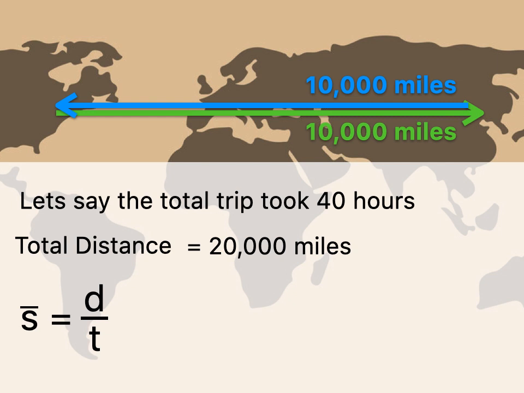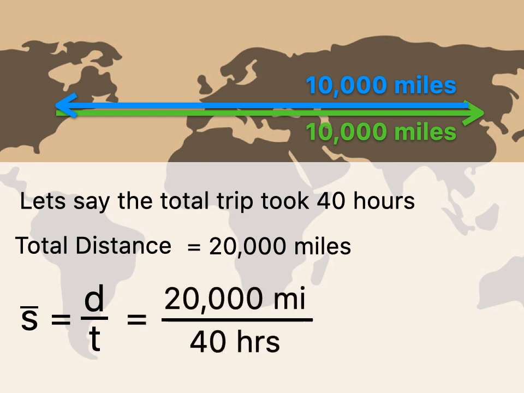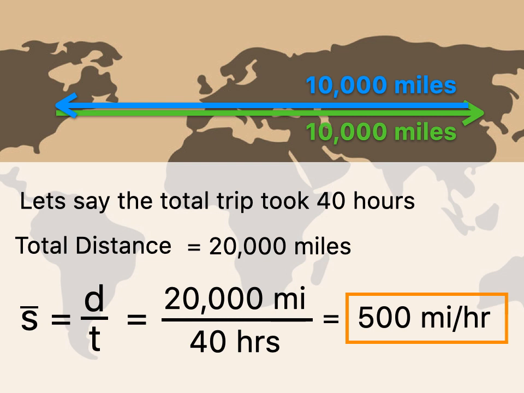So total distance is 20,000 miles. The time is 40 hours. So the average speed over the whole trip was simply 500 miles an hour, which is pretty typical for a plane. They go 500 to 600 miles an hour. So that is the average speed, going there and coming back. So 500 miles an hour.